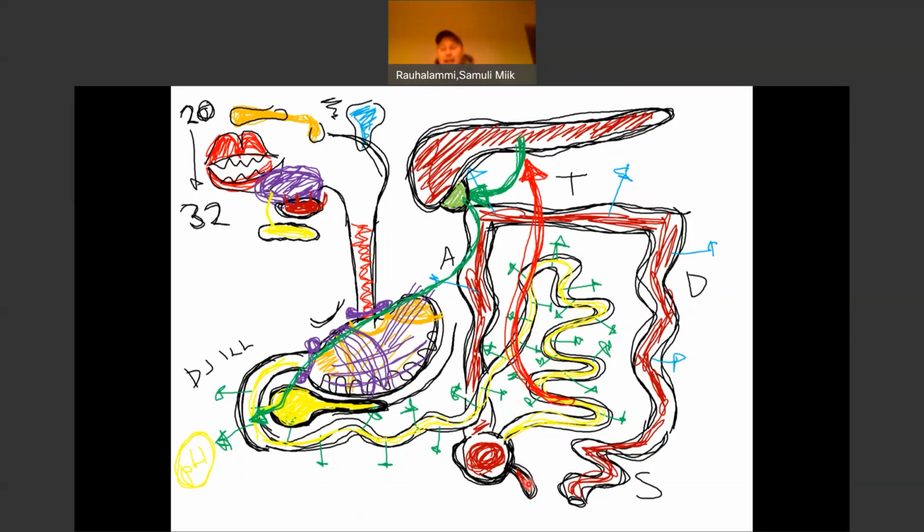We also speculated different theories for the reason why we have appendix. I think we settled on that the most plausible explanation at the moment that we have available is that it's an evolutionary remnant from when we were eating a diet that housed a lot more plant-based materials. So there was bacteria that's ideal for digesting that housed there.